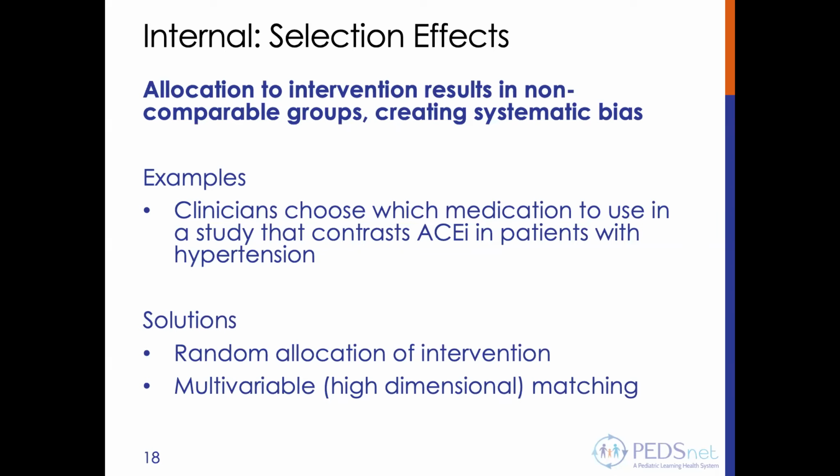So selection effects is thorny. They're present in all non-randomized studies. Even with the best causal inference methods, they're still potentially present. And the best solution is to randomize. When you can't randomize, you can use a variety of statistical methods to try to equate the groups. The problem is you can only hold constant what you observe, what you have information on.